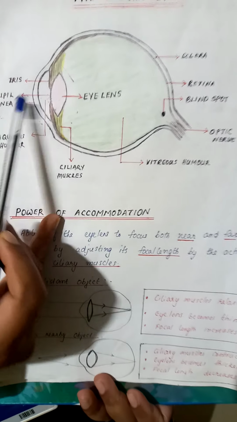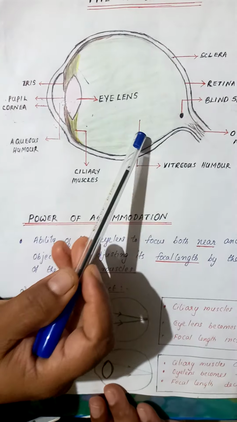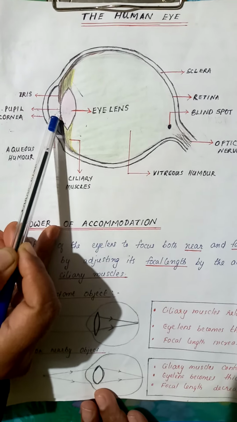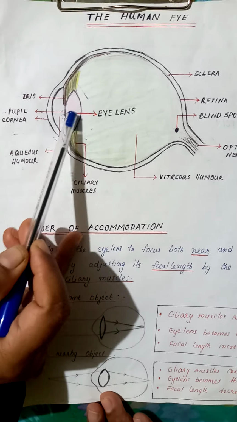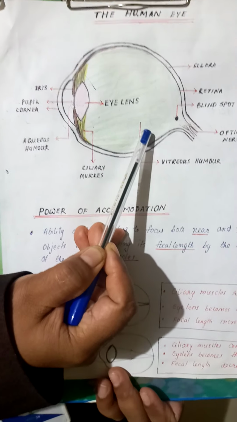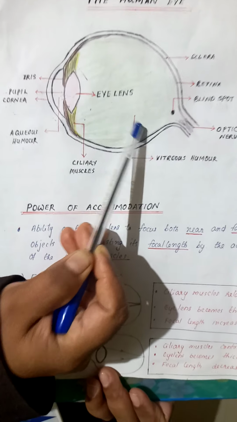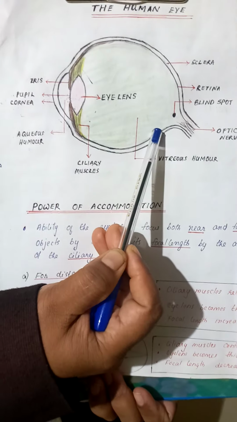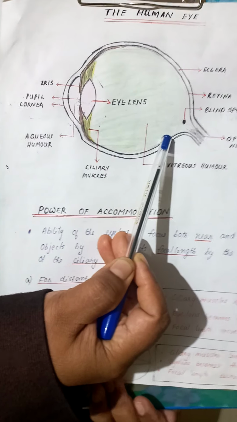Hence, the iris regulates the amount of light entering into the eye by adjusting the size of the pupil. In bright light, the pupil contracts so that very less amount of light enters into the eye, and in the dim light, the pupil expands so that more amount of light enters into the eye.